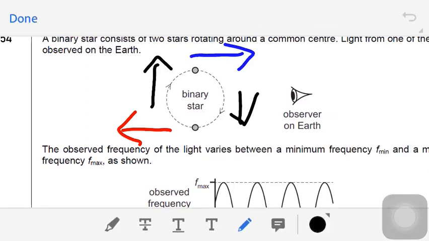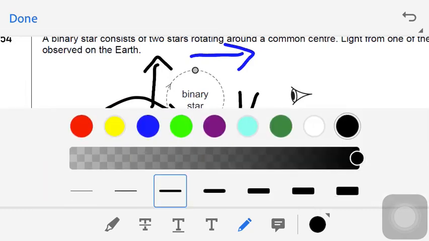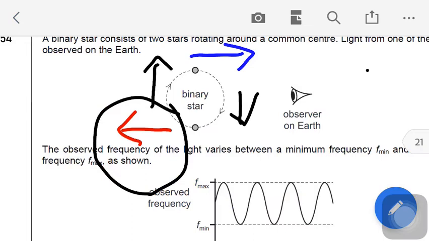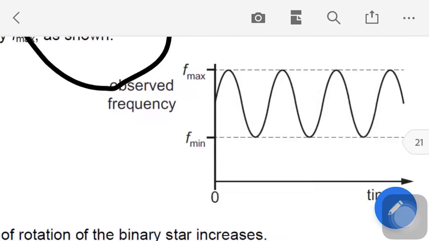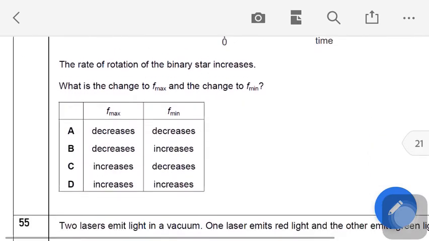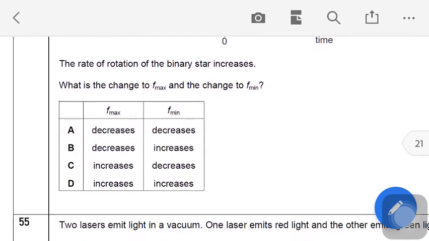So when it comes to this section, it would move away from the observer very quickly. Hence the Doppler effect would also increase, and the F minimum would decrease even further. So F maximum would go even greater, F minimum would decrease even lower. So the answer is C.